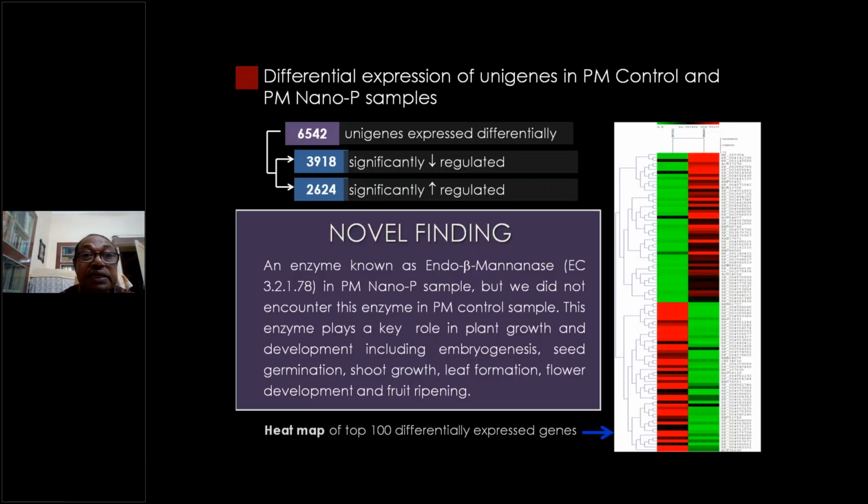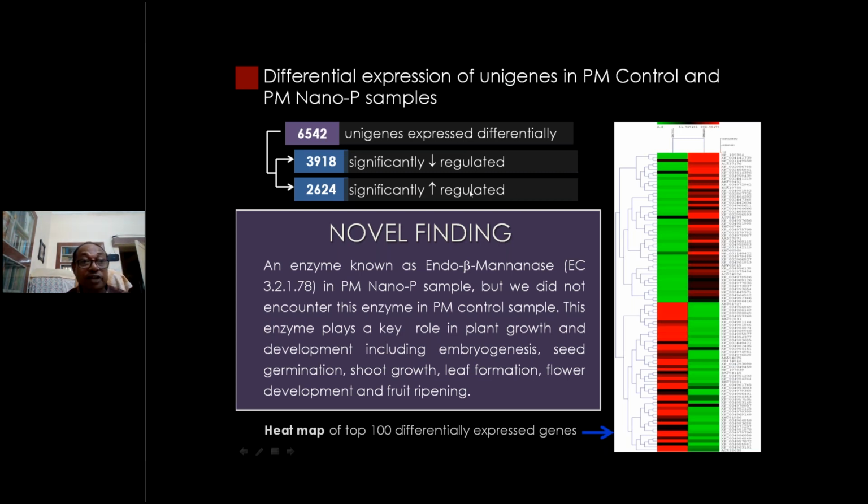And if you look at the genetic differences, is there any or not? Yes, definitely there is some differential expression of immunogens when we are using nano fertilizer. In case of cereals, you see 6,542 immunogens expressed differently, some significantly down regulated and some significantly up regulated.